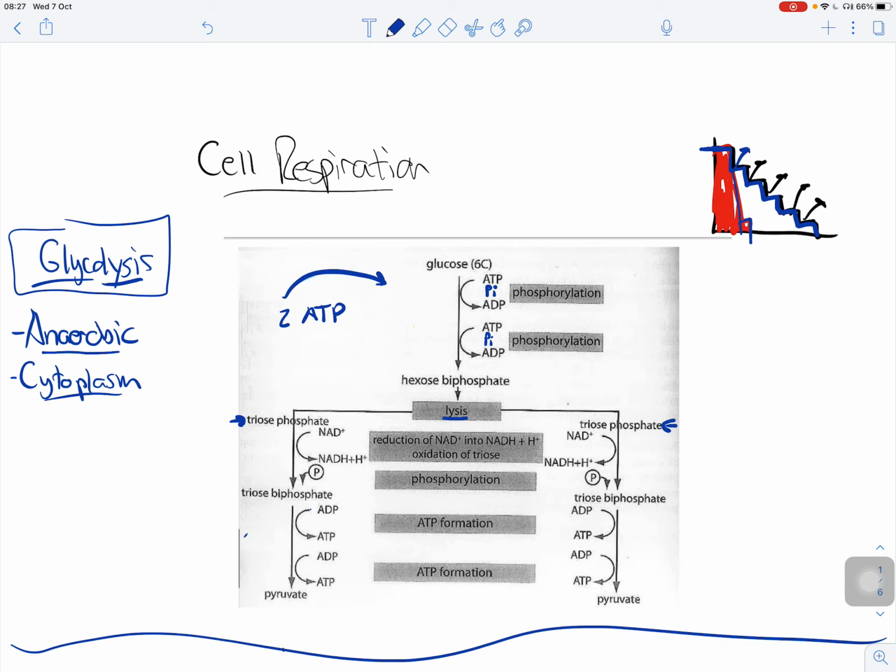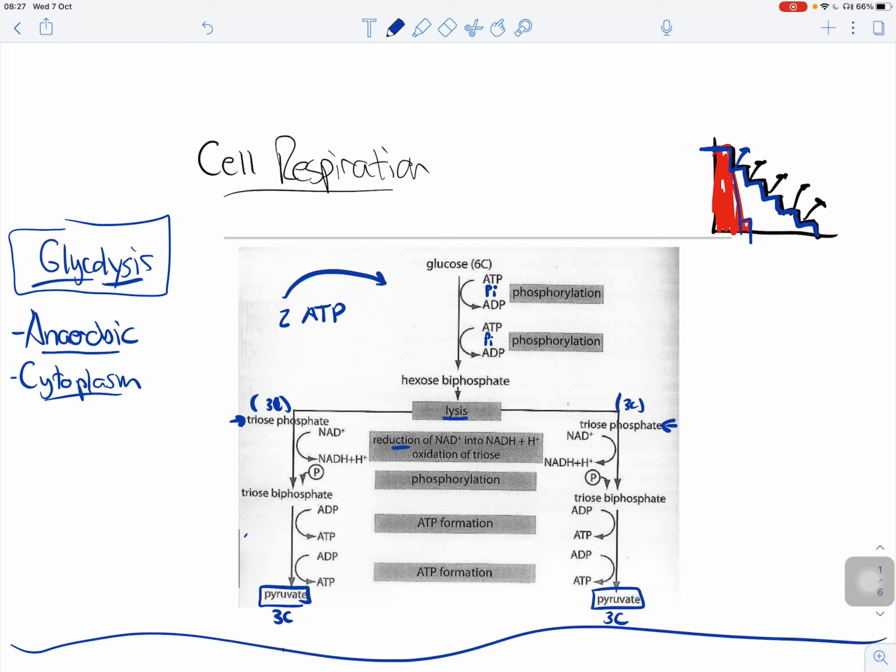Okay, and then there's a series of reduction reactions, phosphorylations, and ATP formation that it ends up with a molecule called pyruvate, which is still 3 carbons, 2 molecules of pyruvate from the 2 molecules of triose phosphate. Okay? So the first reaction is the reduction.